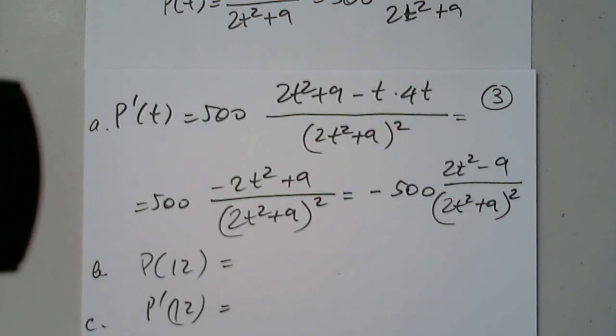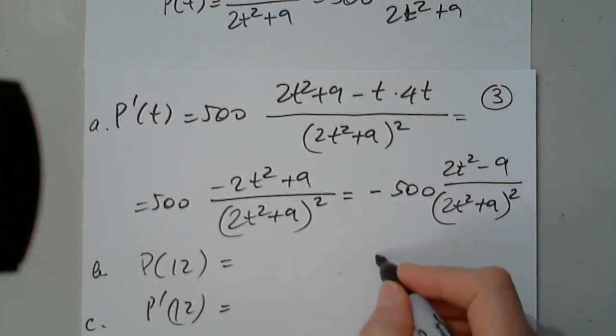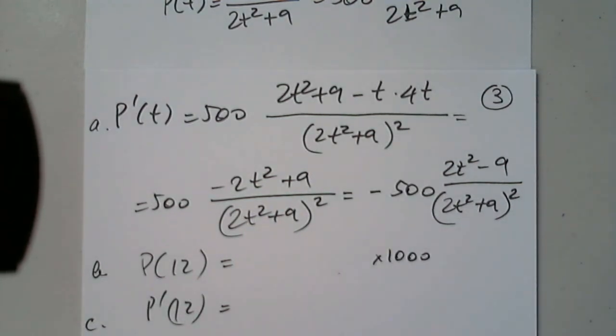That's because you have to multiply it by 1,000, since P is in thousands. Oh, okay. Thank you. Is that the problem? Yeah, that's it. Okay, very good. Awesome. Thank you.